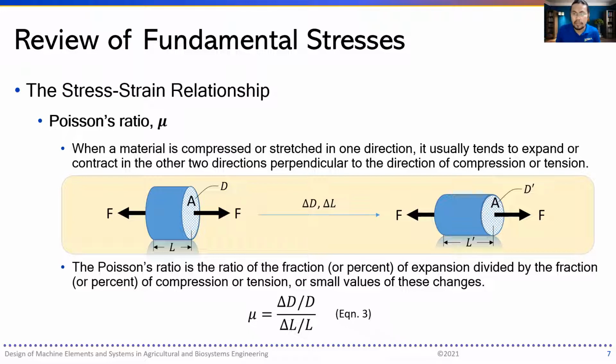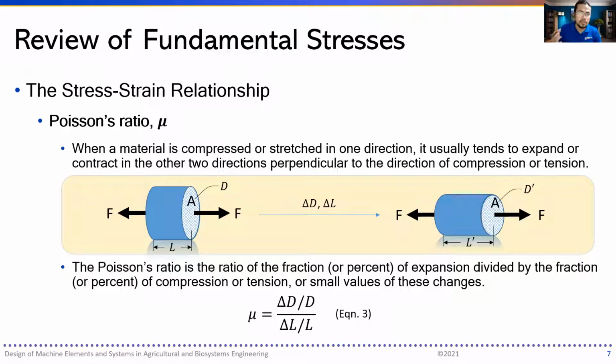So you have now a delta D prime, and the length becomes L prime. And the Poisson's ratio represents this change in the diameter and the length. It's given by the formula in equation number 3: mu equals the quantity delta D over D, all over the quantity delta L over L.